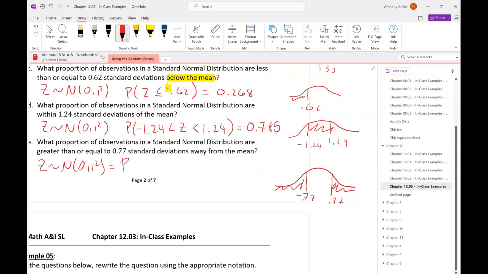So if I wanted to write that as a probability, I could write it that way. Or you could write it as that.